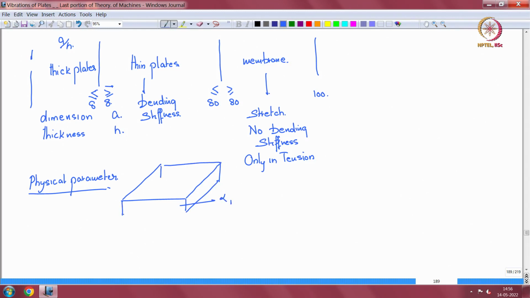I have not introduced the coordinates yet. So, this is the 2 direction. So, what we say is that the vertical shear strains, epsilon 1 3 and epsilon 2 3, are 0.